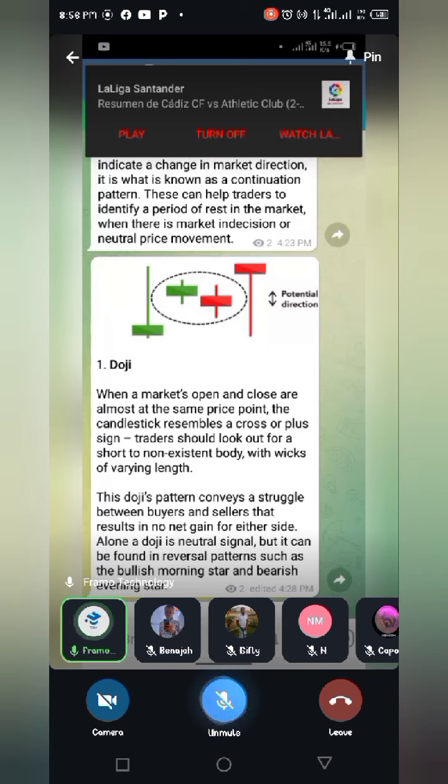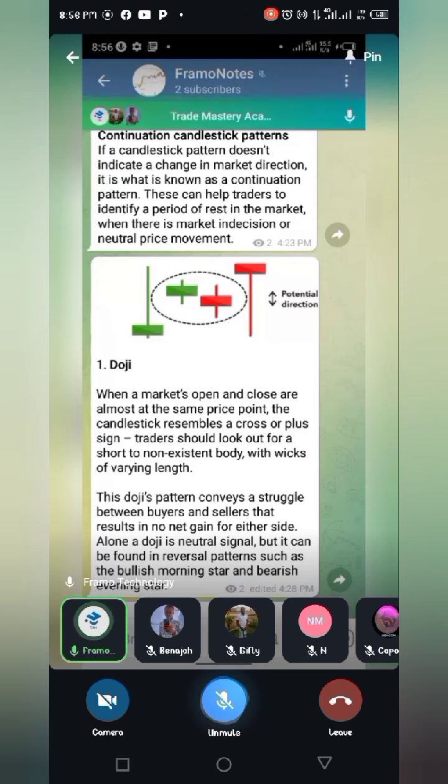So the first one is what we call a doji. A doji forms when the opening and closing of a candlestick are almost the same. They are almost at the same place, and the wicks are almost equal. So you can see the circle, the red and green.